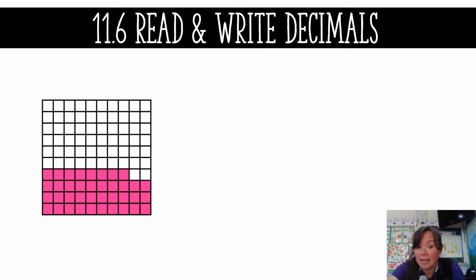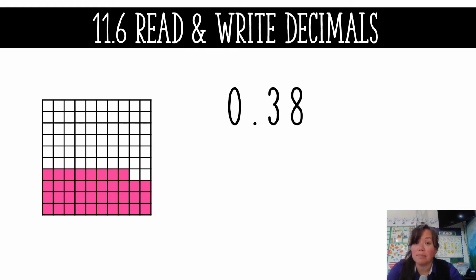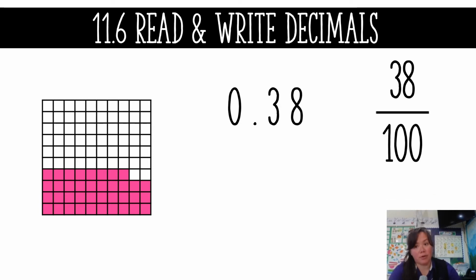So I can count by tens, 10, 20, 30, and then I can see the next row has 8, 38 out of 100. So 38 hundredths is written 0.38 in decimal form. And then in fraction form, it would be 38 hundredths, 38 out of 100.